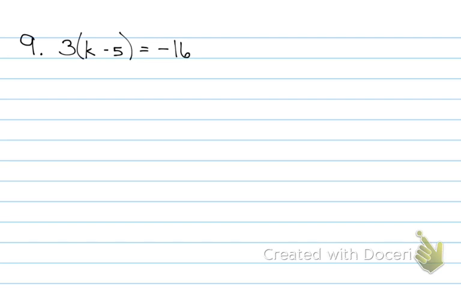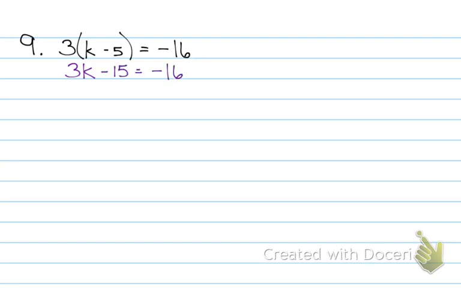Can you tell me? Which is? And 3, which is 3K. Yep, 3K. And then what? And then 3 times -5. Which is -15. Yep.